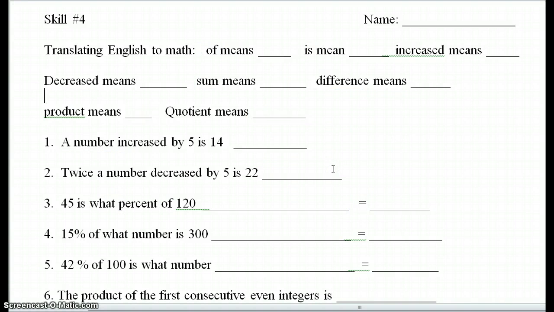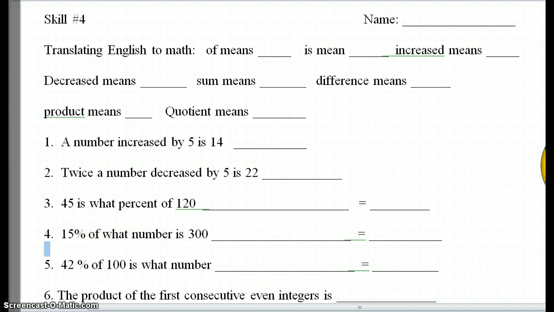Let's try that. So in example 4, it says 15% of something. So again, remember how we translate 15%? 15% is 0.15. Of means times. This says what number, so usually we use X for what number.